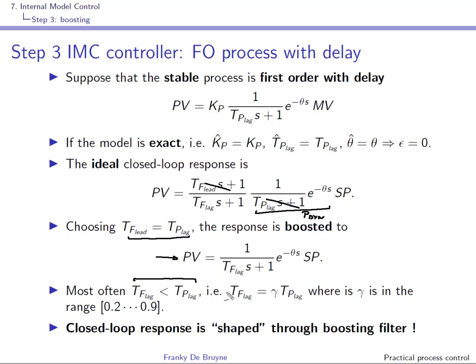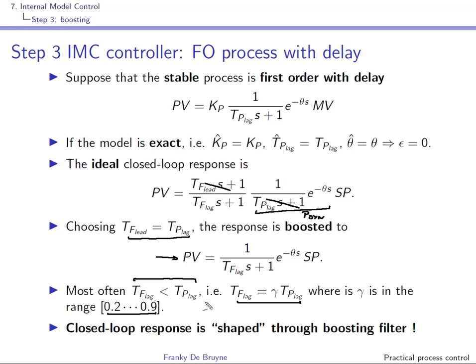As usual, we'll write this lag time constant of the lead lag filter as a parameter gamma times the open loop time constant of the process. And we can accelerate things, but of course we have to do this within certain limits. So we'll take gamma between values 0.2 and 0.9, and of course these are indicative values, right?